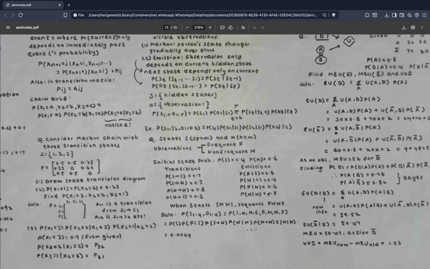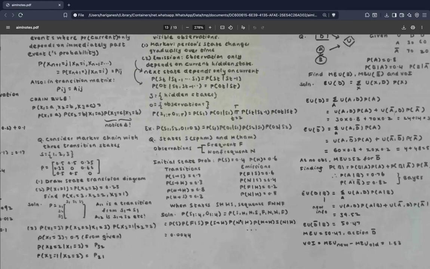So they've told you that when the states are S, H, H, S, the sequence that you get is frequent, non-frequent, non-frequent, frequent. So these are observations and these are your states.